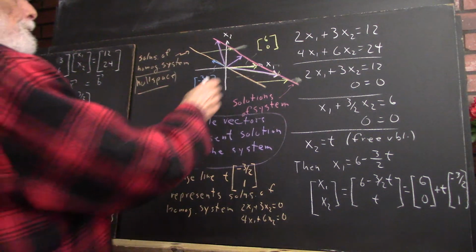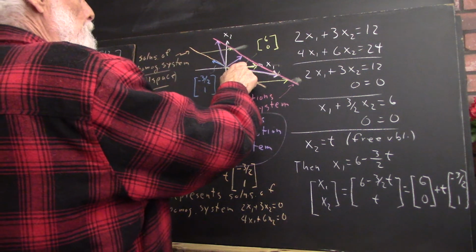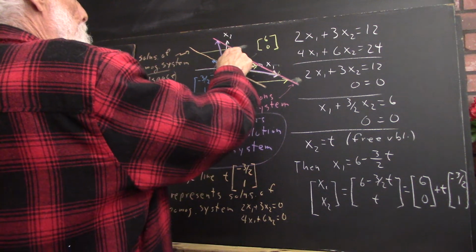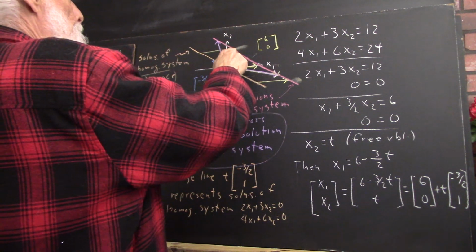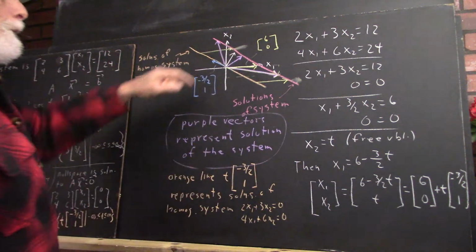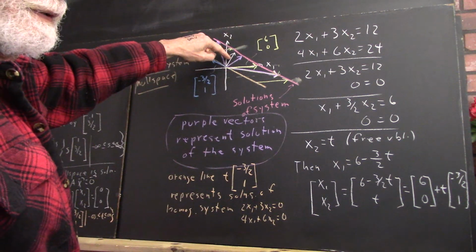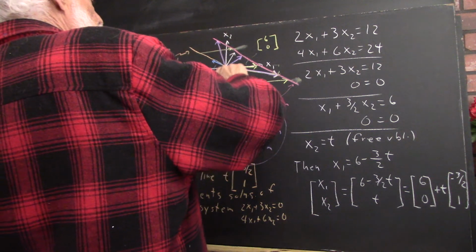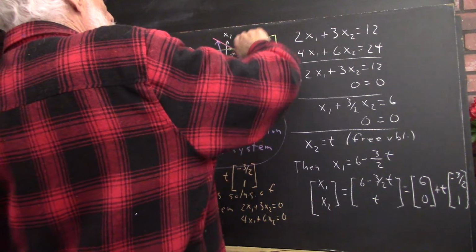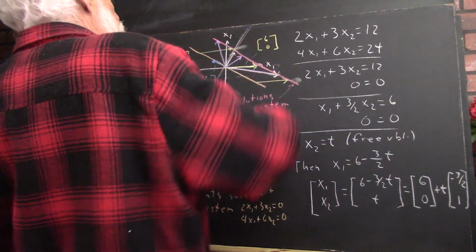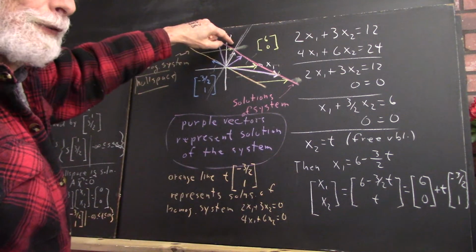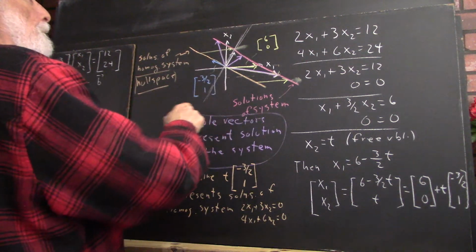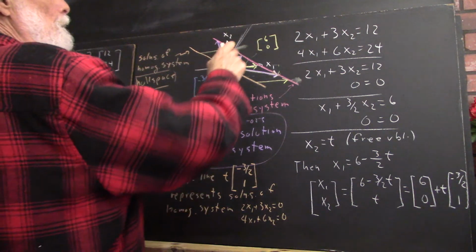Well, the row space comes over 1 and up 3 halves. So here's the vector (1, 3 halves), and here's your row space.